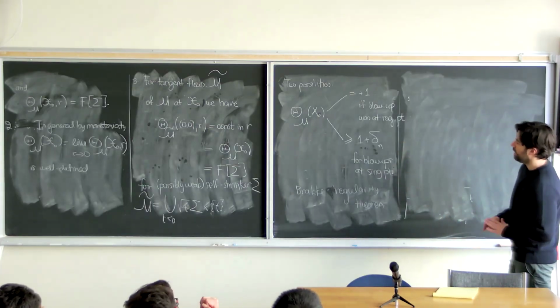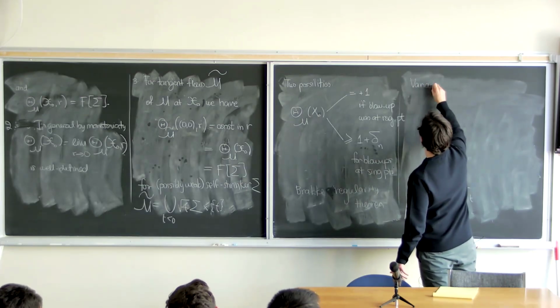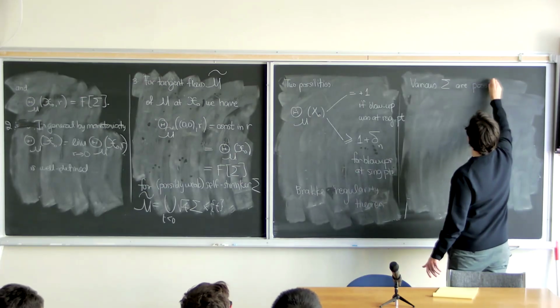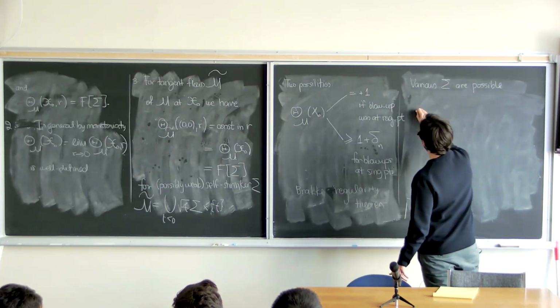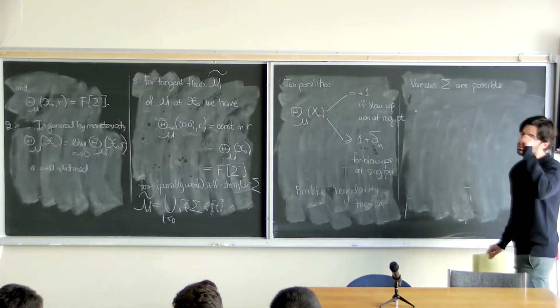Okay, so what are the various singular point blowups that we could have? So various sigma are possible. For higher n, it could be achieved by a Y shape.